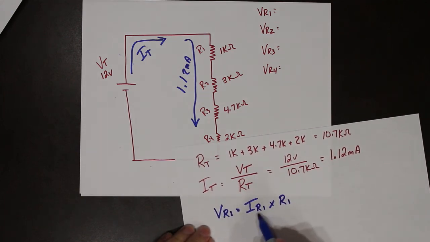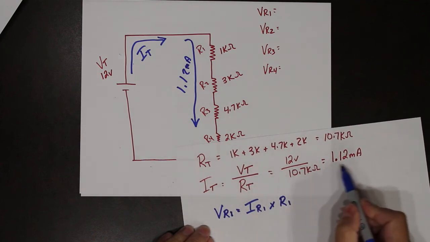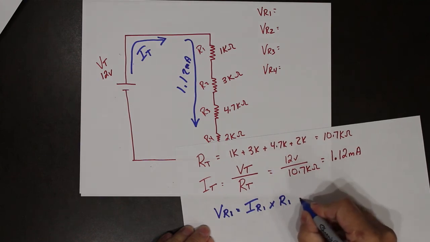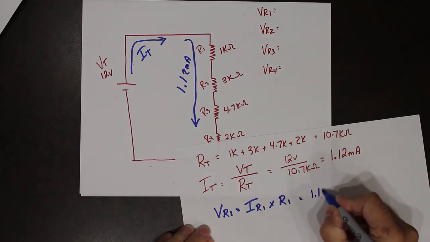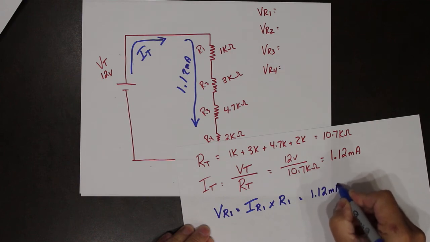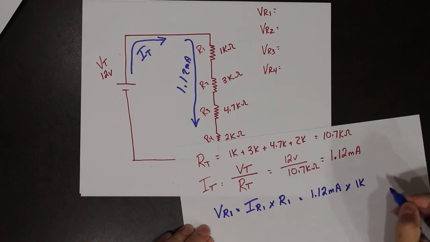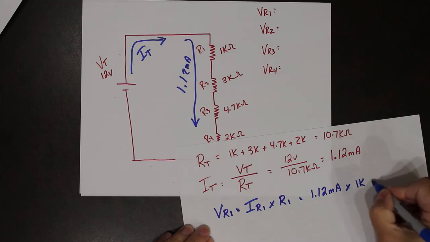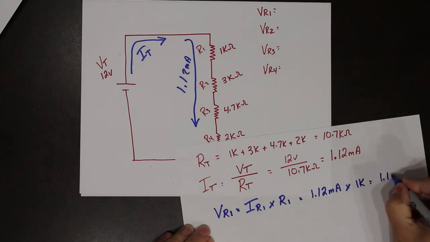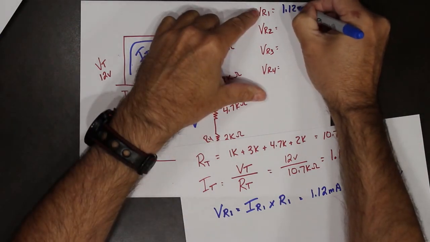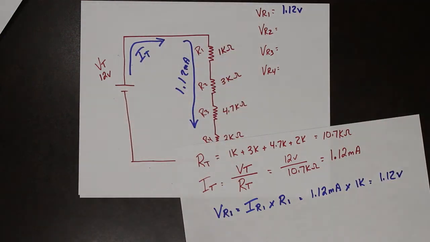We know that the current through R1 is the same as I total, and we know what R1 is. So that works out to be 1.12 milliamps times 1K, which is 1.12 volts.